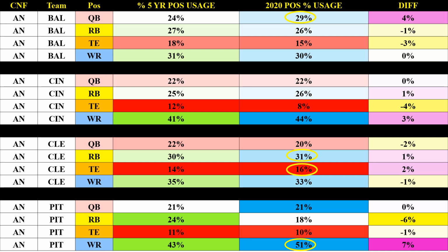Cincinnati doesn't really have an edge over their conference mates. Probably second in wide receivers at 44%, I guess, if you have to say. Tight end, looks like they surrendered -4. People saying Joe Mixon.